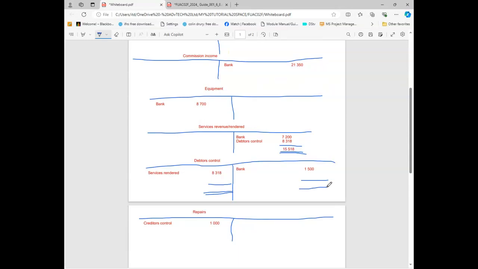So the difference is 6,818. The total is 8,318, and then the difference will be on the credit side, 6,818.